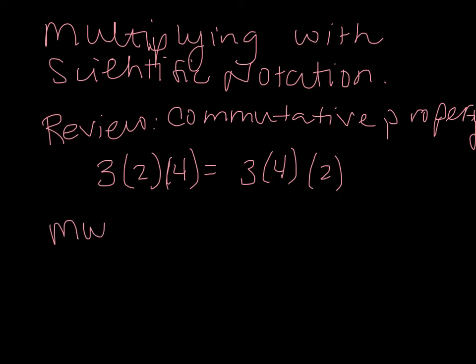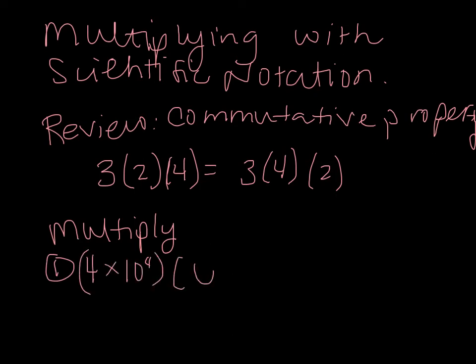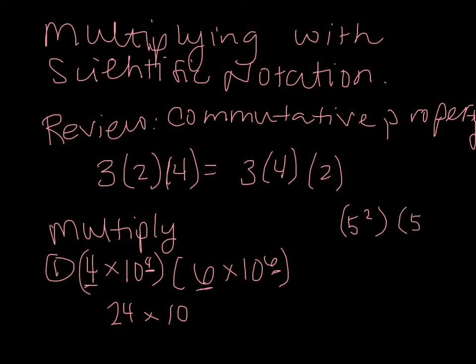If we say to multiply 4 times 10 to the 4th power times 6 times 10 to the 6th power. All right, so what I'm going to do is I'm going to take the first two numbers and multiply them together. 6 times 4 is 24. Times 10, then I would add my exponents. Just like if I said, what is 5 squared times 5 cubed?